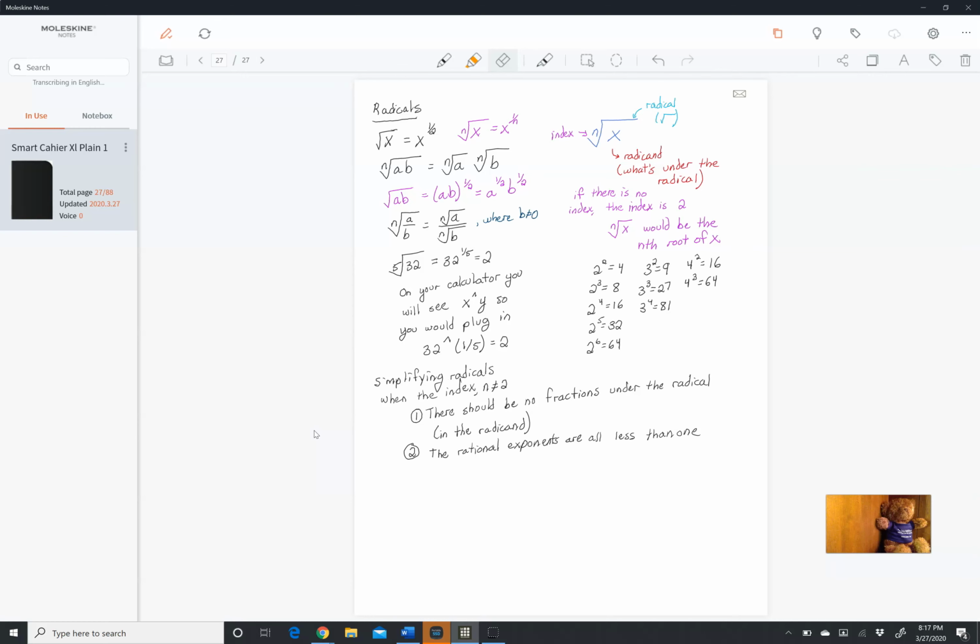In other words, if we changed the radicand so that it's not under a radical, removing the variables, the exponents of the variables would be less than 1. And again, right now it seems very up in the air. We're not really sure what this means. As soon as we start working with something concrete, then all of this will make sense. So if we remove the variables from under the radical.